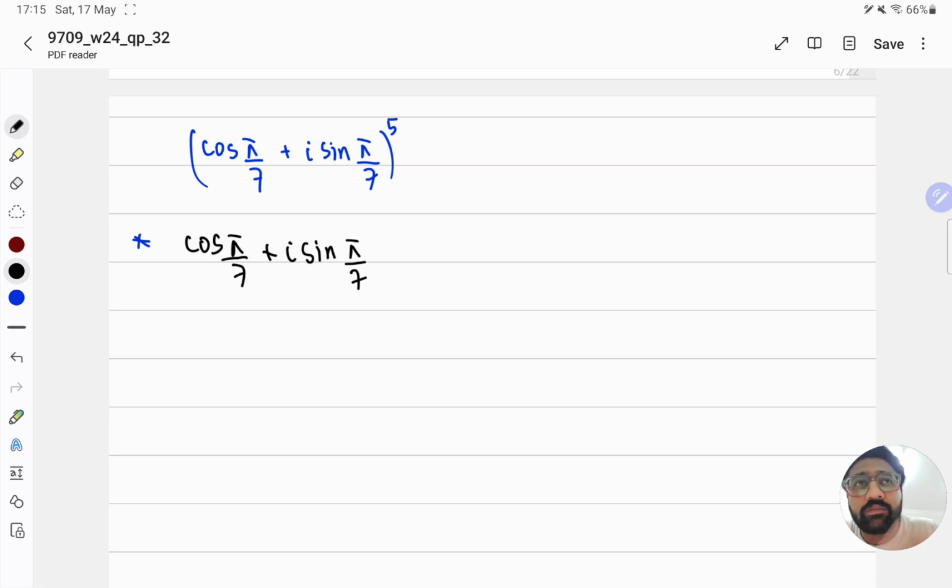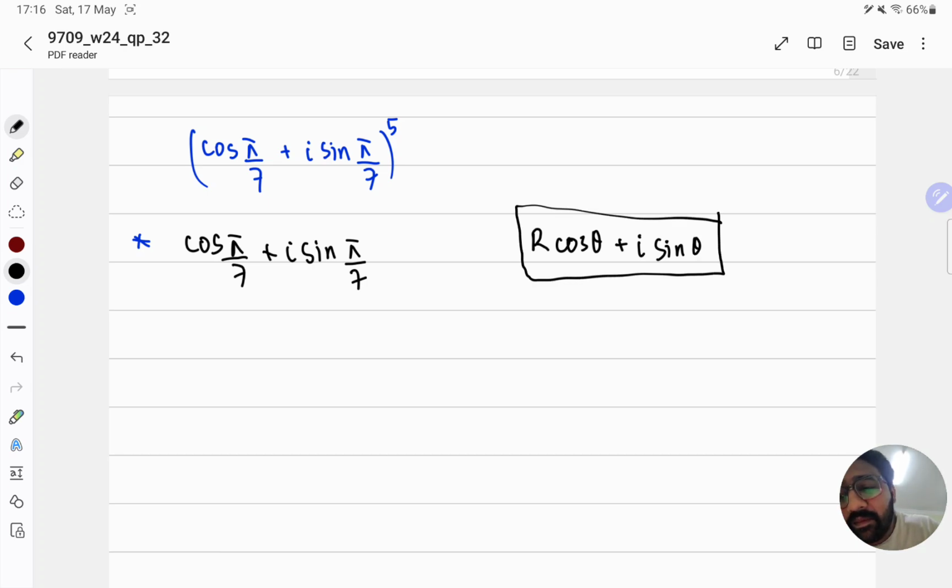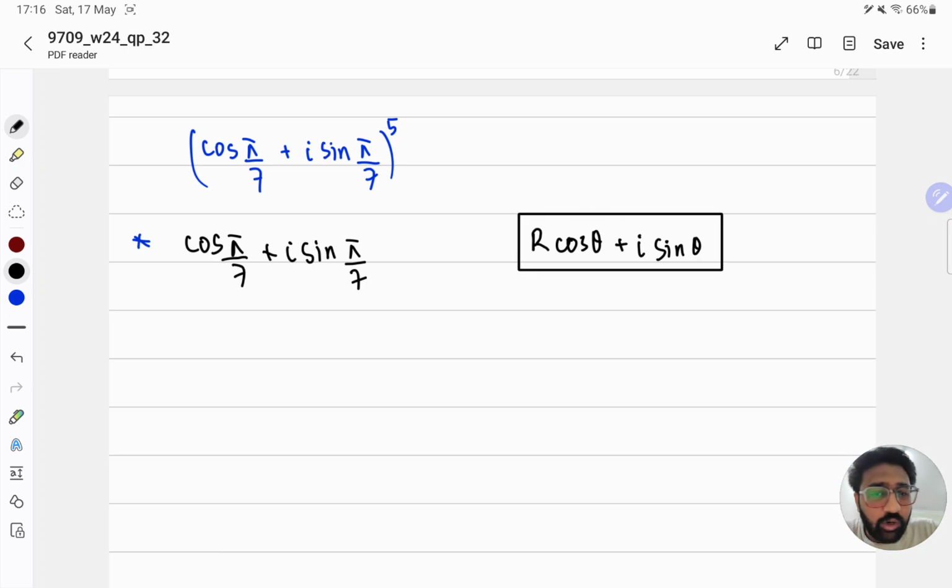Something like your modulus argument form, which is r cos theta plus i sin theta. So if the modulus is 1, the angle inside is itself the argument.